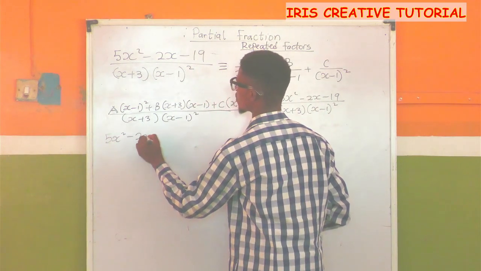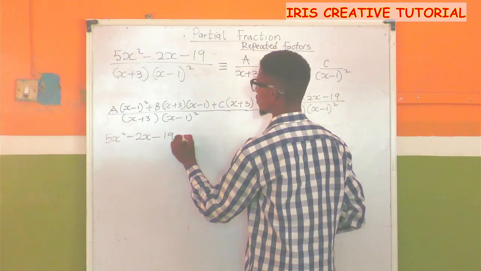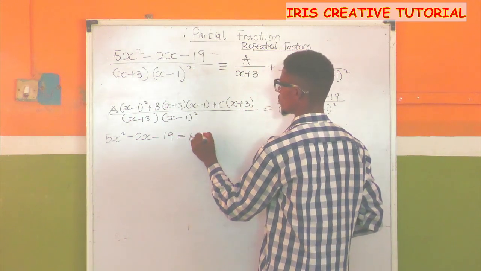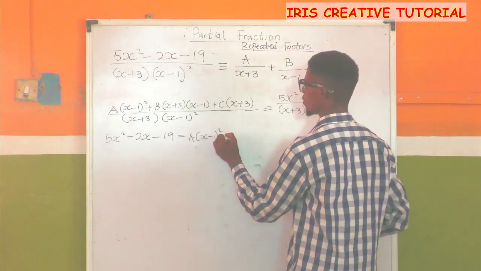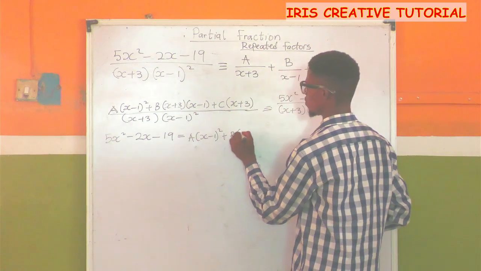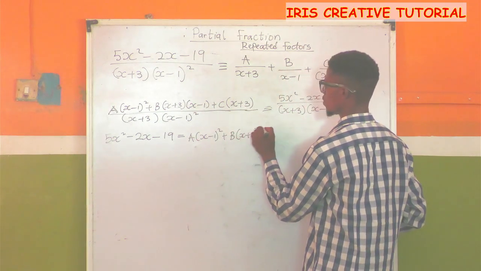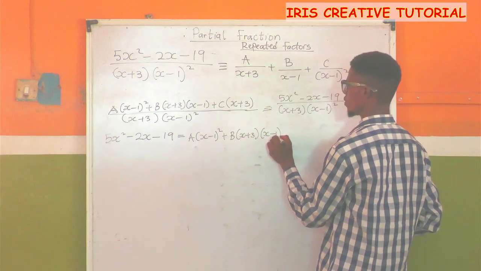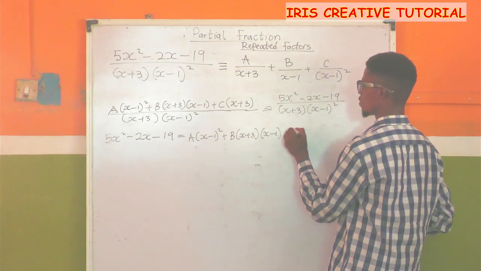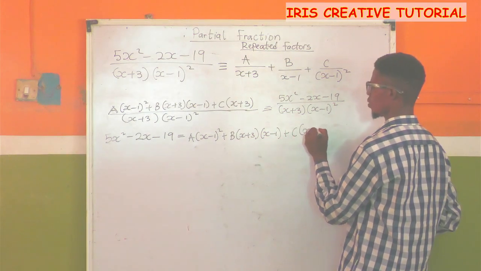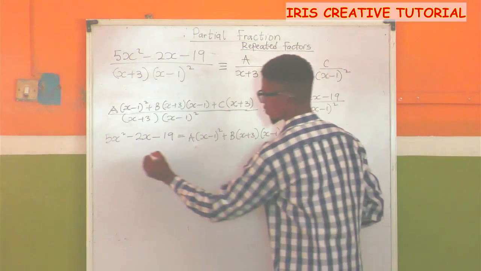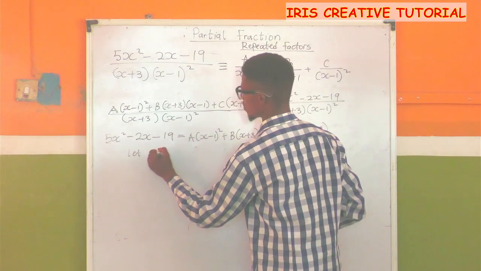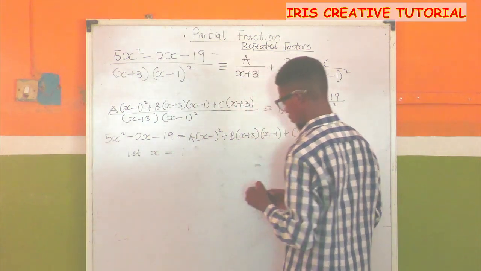minus 2x minus 19 equals A into x minus 1 all squared, plus B into x plus 3 times x minus 1, plus C into x plus 3. So let's say let x be equal to 1.